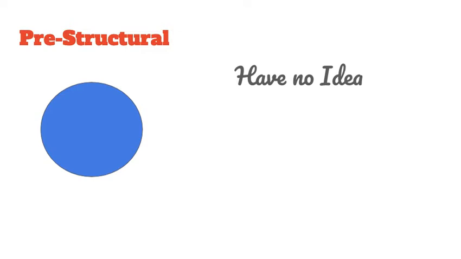The question is how do you find that answer? Where can you get that information? How do you investigate to find that answer? So even if you are at pre-structural, you need to have the motivation, the inkling to actually go further.